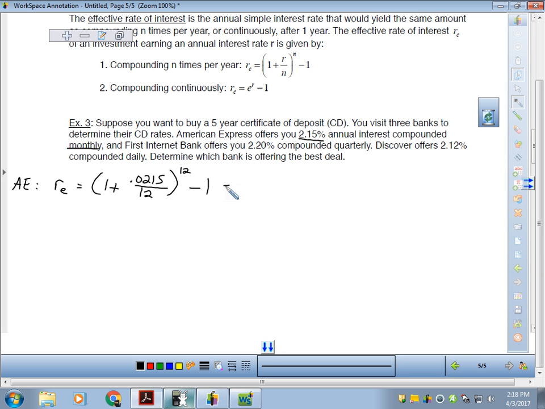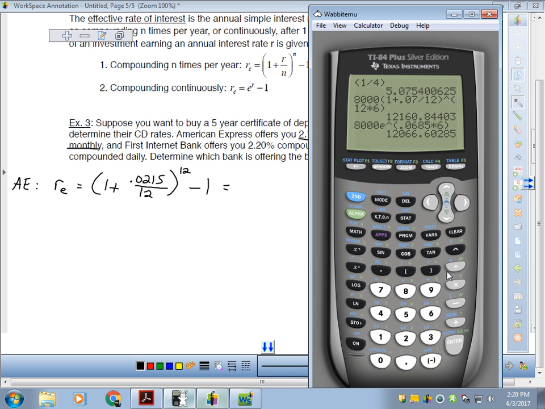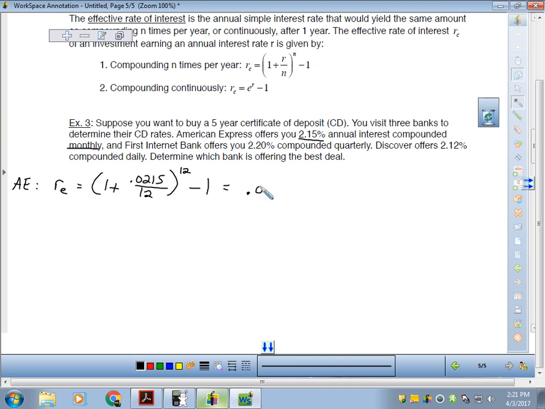And then minus 1. And so I'll go to my calculator and figure out what that is. So 1 plus 0.0215 divided by 12, raise that to the 12th power, minus 1. So I get 0.0217, or 2.17%. So that's what it would look like if it was just a flat annual percentage.